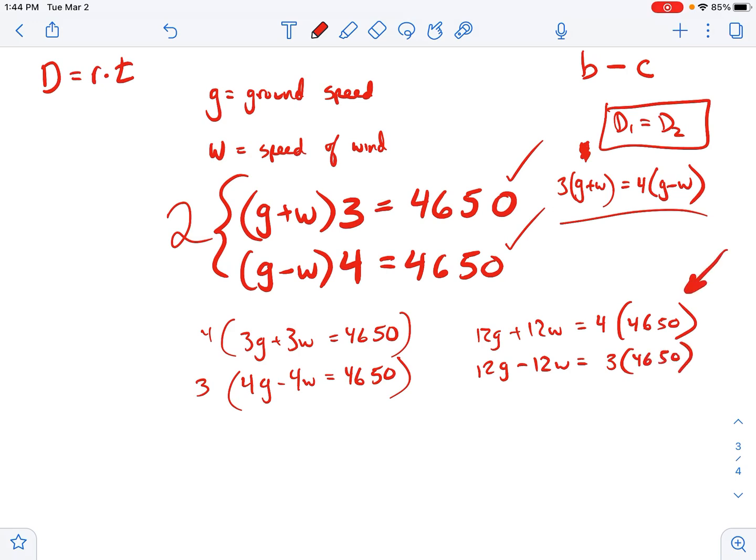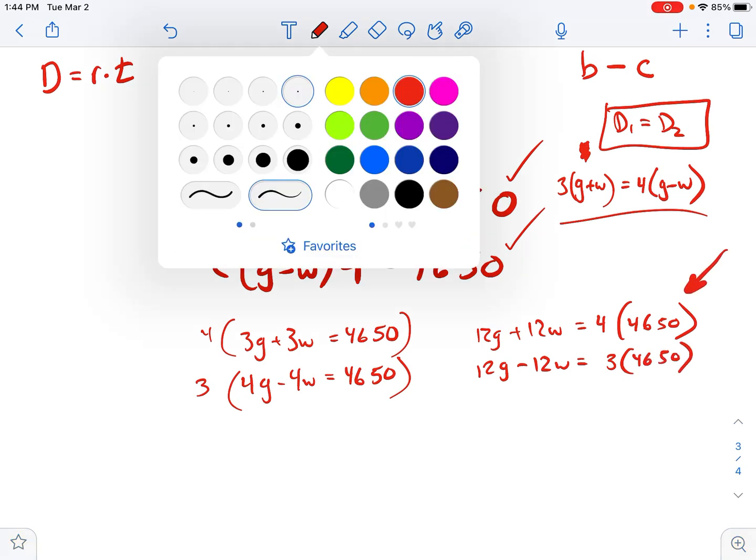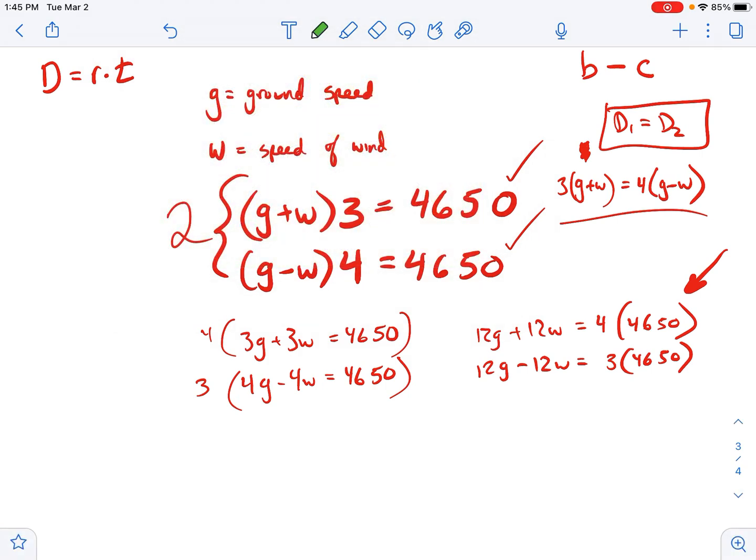Watch this trick, I don't need to multiply this out. So now I'm going to add, and I'm going to get rid of these pieces. And so I'll have 24G equals, well, I have 4 4,650s plus 3 4,650s, so that's going to make 7 4,650s.